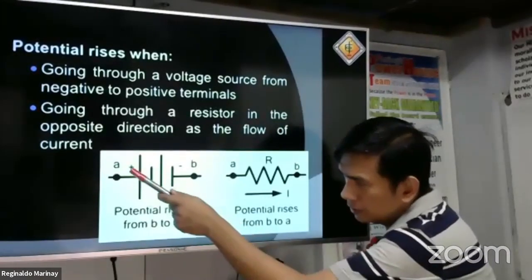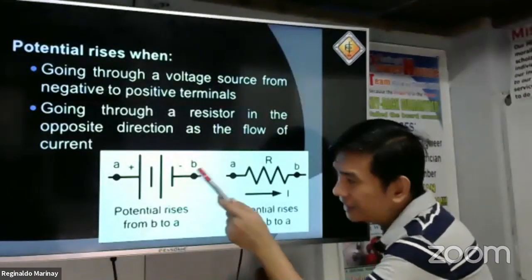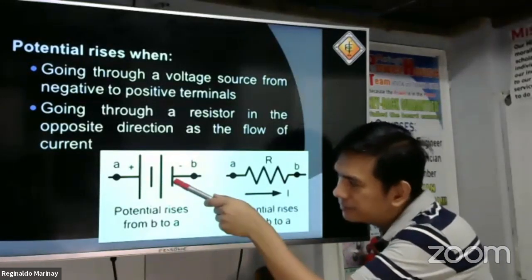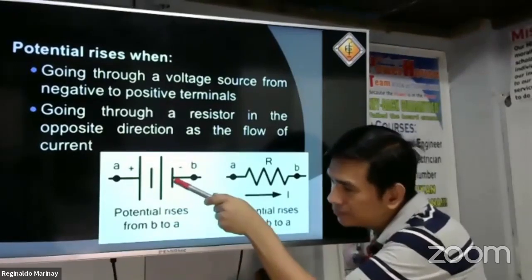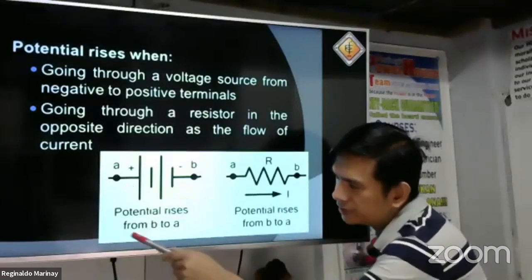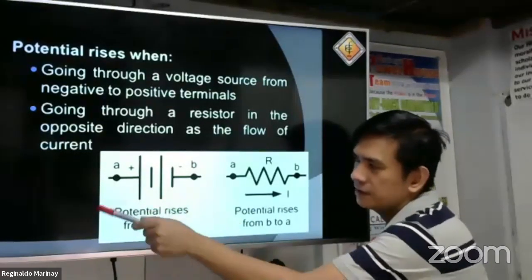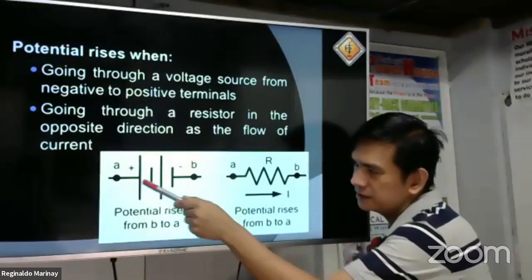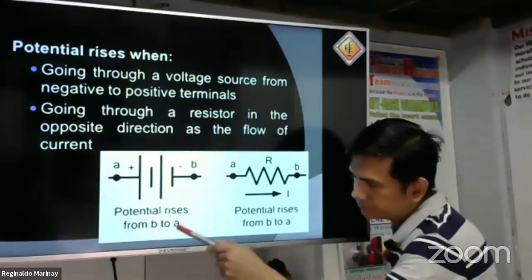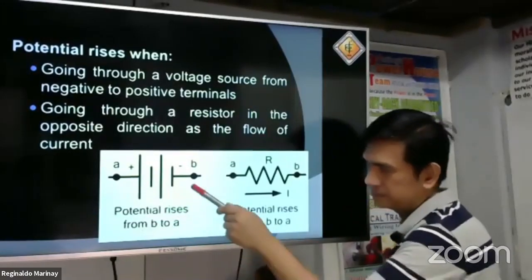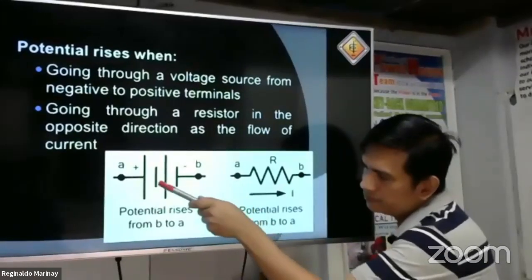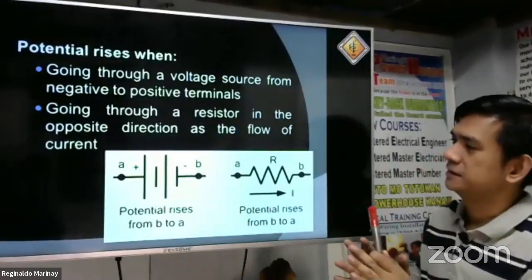Inside the battery, the tracing of the current is from negative to positive. That is what we call internally. But externally, it will flow in a counterclockwise direction. Because inside the battery, that is negative to positive, but externally, that is positive to negative. That is the basis.